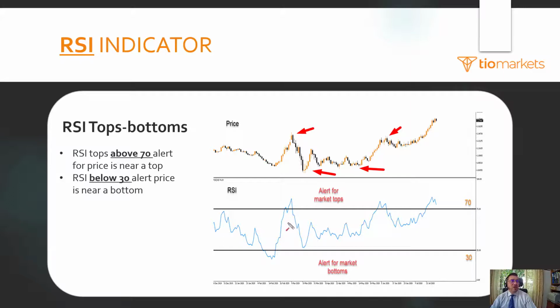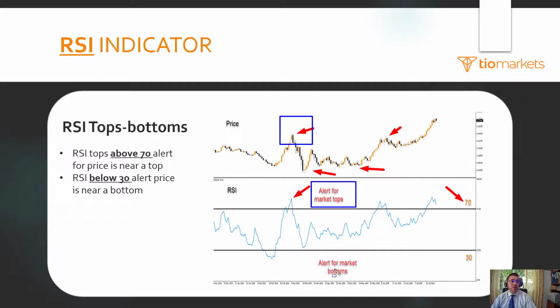The RSI reading above 70 gives you an alert that price is near a top. So here we can see RSI above 70. This is the 70 area. We're getting the alert for market tops, and then here we can see the corresponding move afterwards.